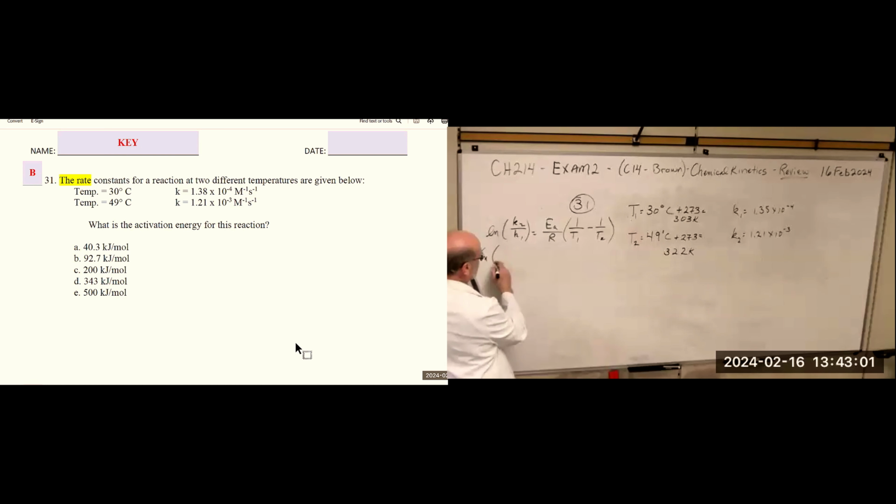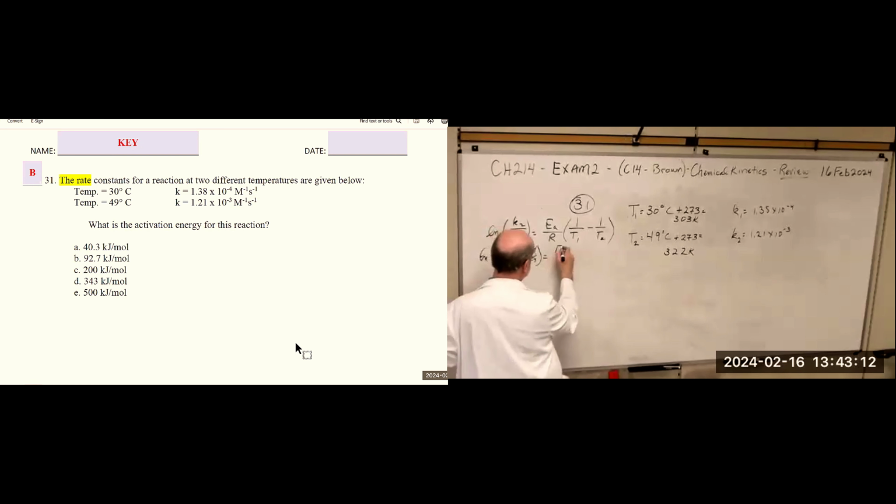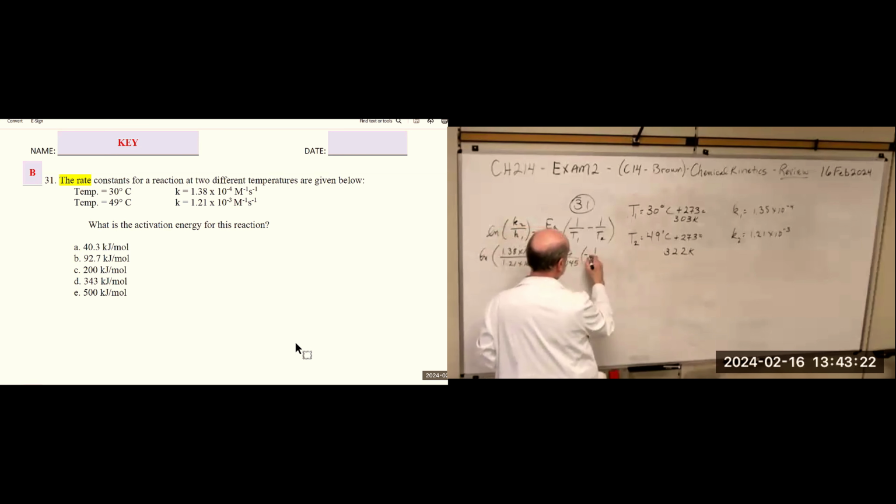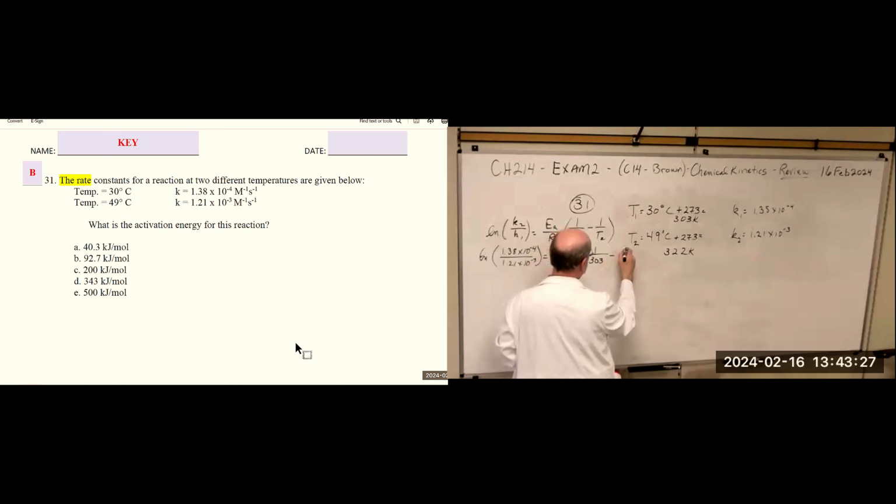So we've got the natural log of 1.38 times 10 to the minus 4 divided by 1.21 times 10 to the minus 3 equals activation energy. What's R? 8.3145. We use that version of the R. 1 over T1 is 303 minus 1 over T2, which is 322. There you go.